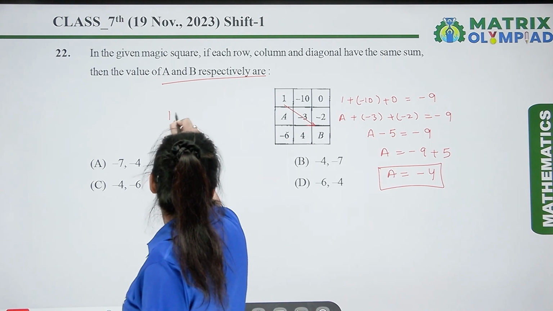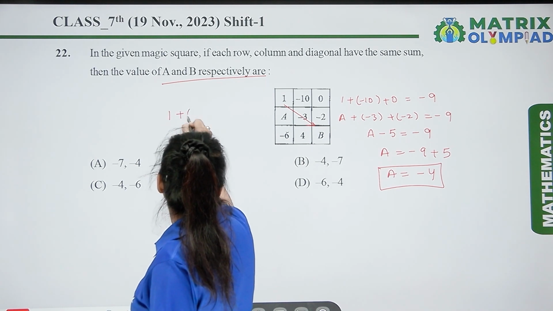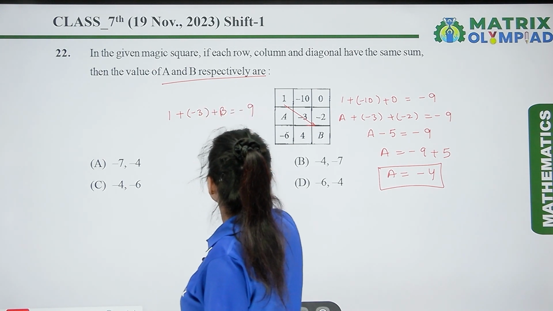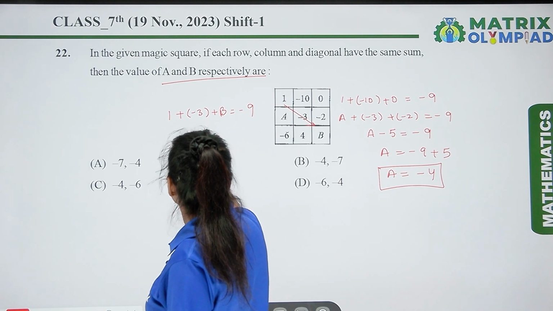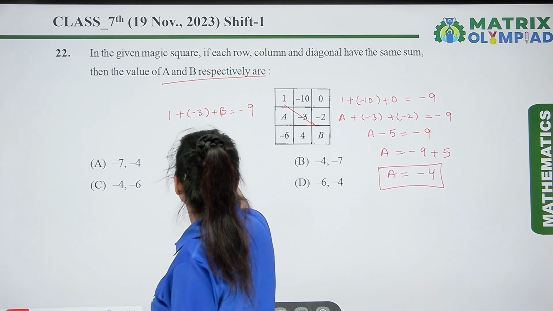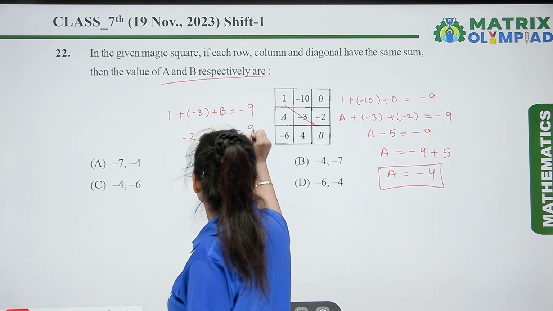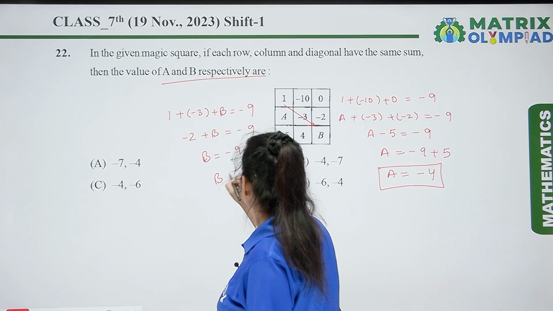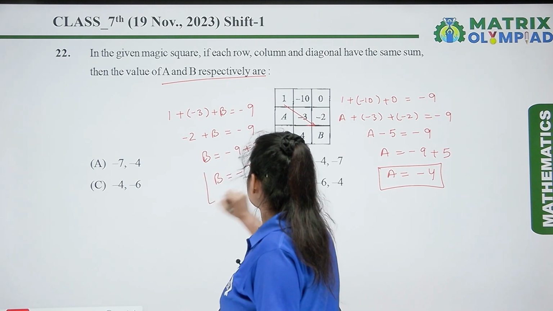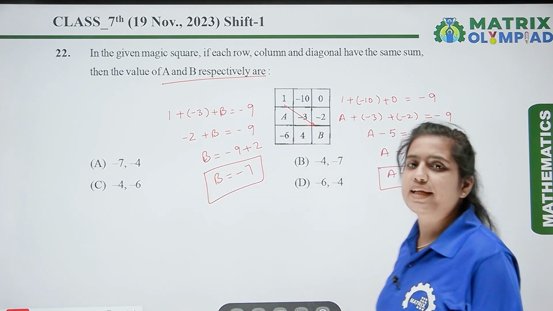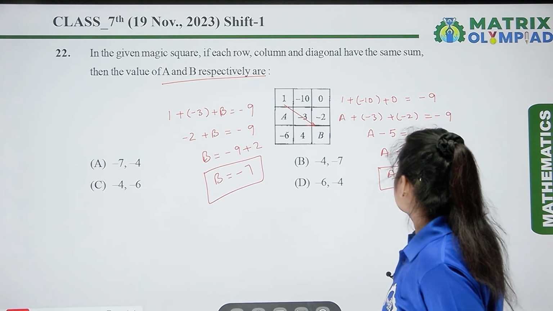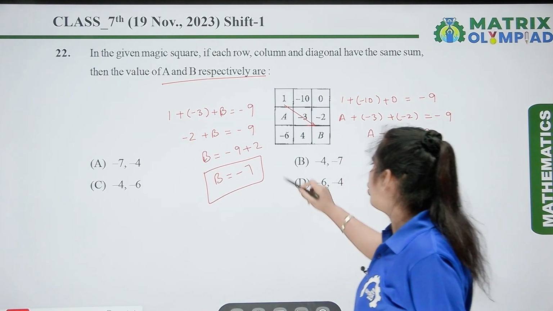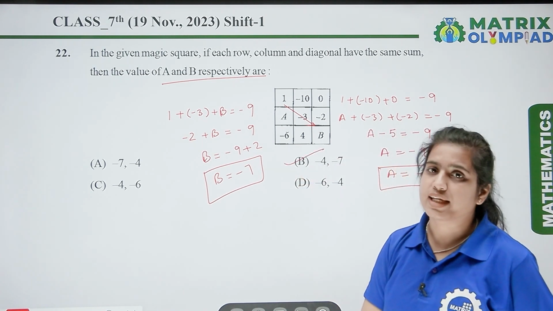Let's calculate with the diagonal part, and see what is the value of B here. Here we have, so the value of B is -7. -4 and -7 is the correct answer. So according to the options, here option B is the correct answer.